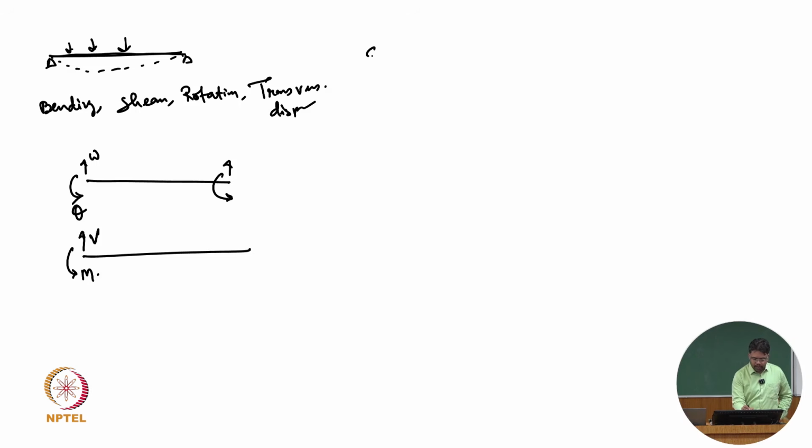So first thing is the Euler-Bernoulli beam. In that, what exactly is happening? There we have two prime assumptions.